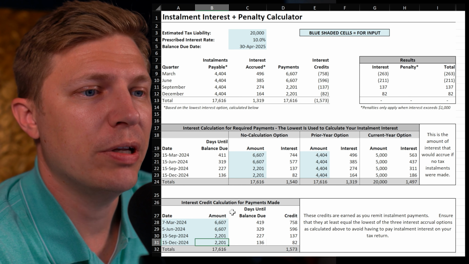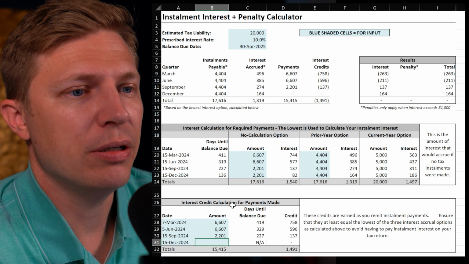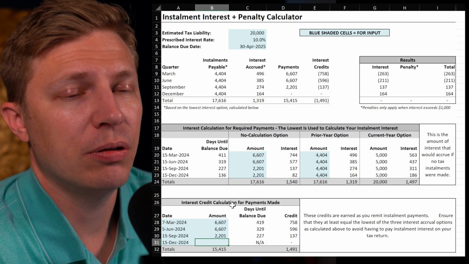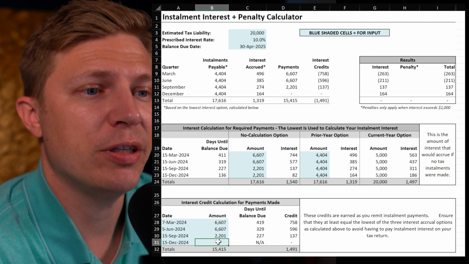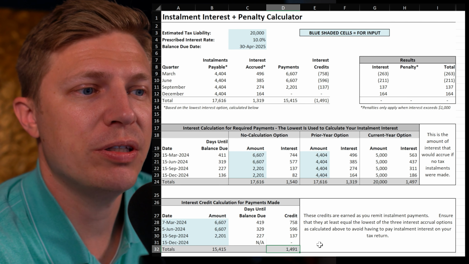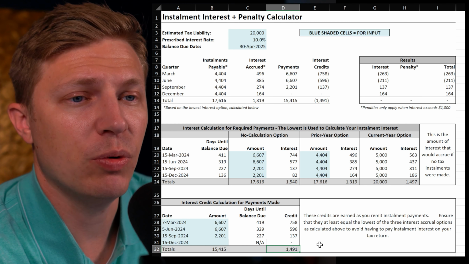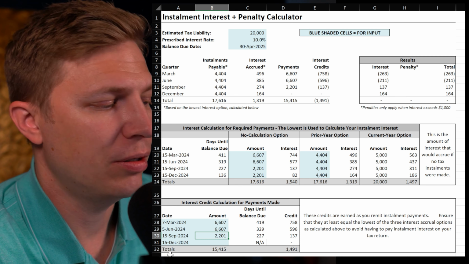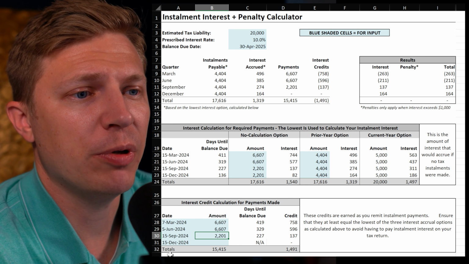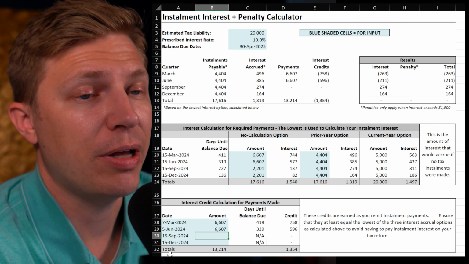So let's see, do we even need to remit December at all? No, we don't. By eliminating that December 15th payment of 2201, we still have $1,491 of credit, which exceeds the $13.91. Do we even need to remit the September payment? Actually, we don't.